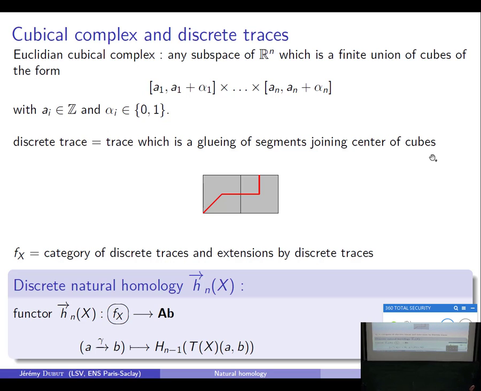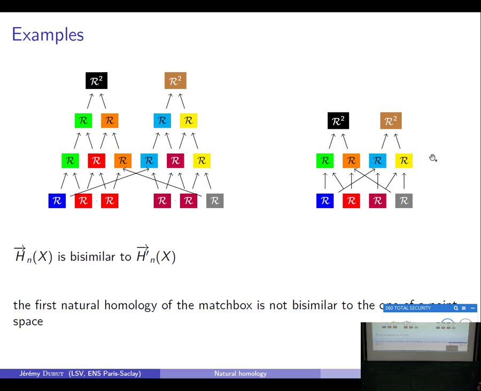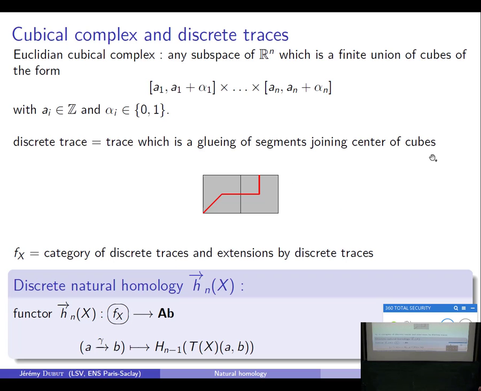But we would like to compute finite diagrams, such as this example, which will be equivalent to homology, and then compare those finite diagrams, which will allow us to decide if two D-spaces, at least nice D-spaces, have the same homology.